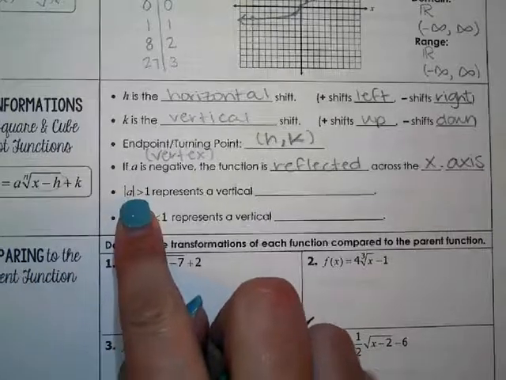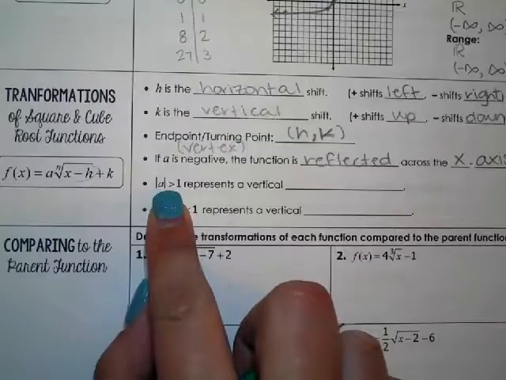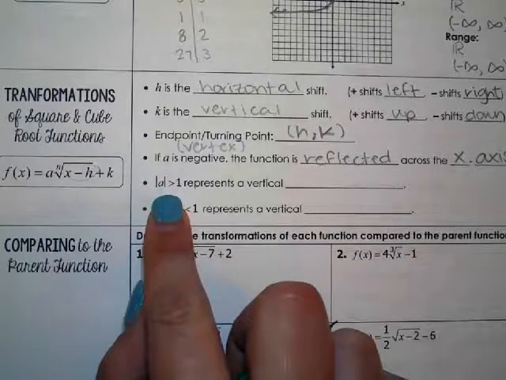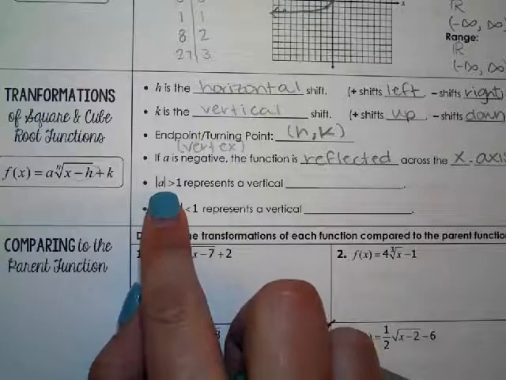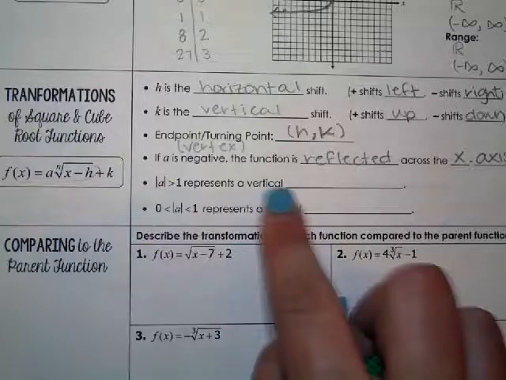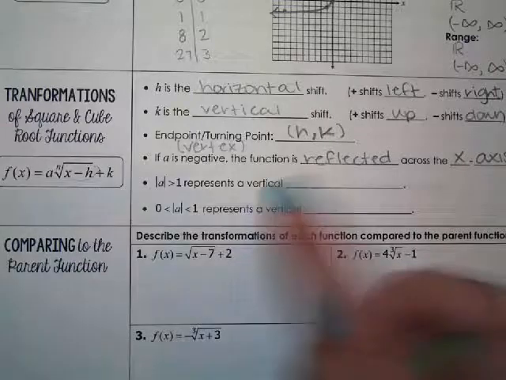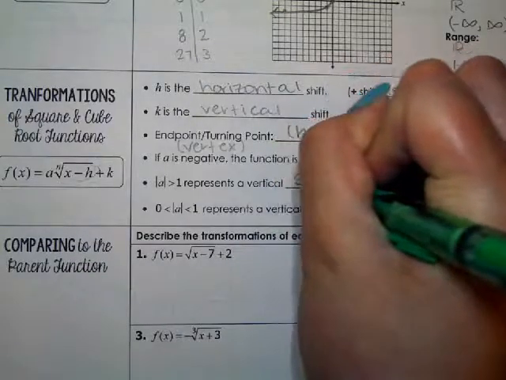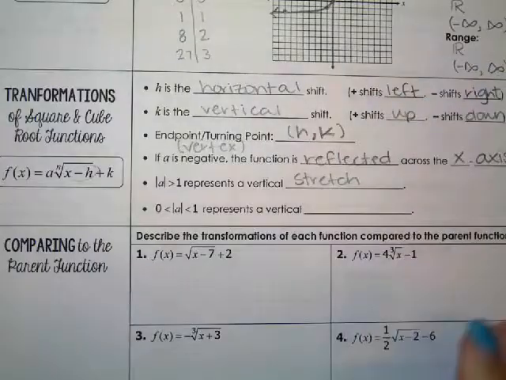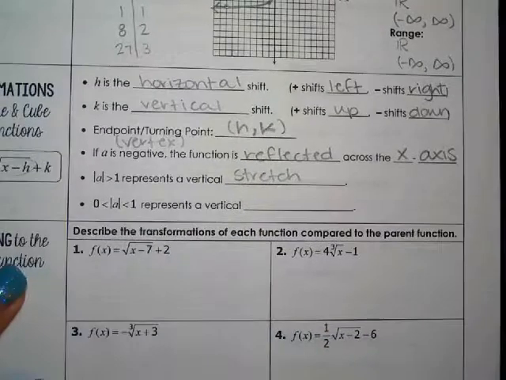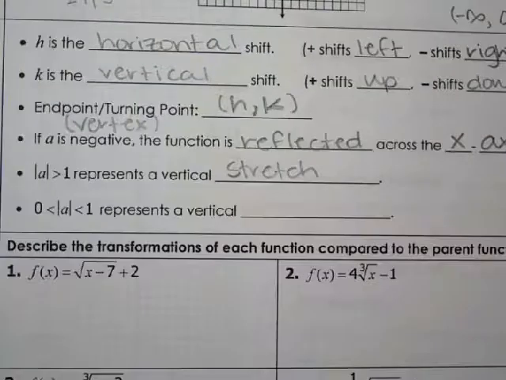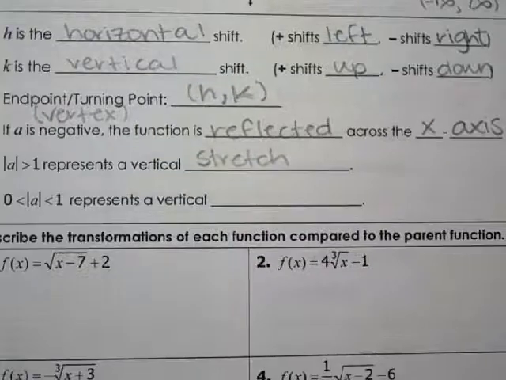So if the absolute value of A, so they're saying it doesn't matter if it's negative, they're just saying if the size of the number is bigger than 1, that's a vertical stretch. And if it's less than 1, it's a vertical compression.